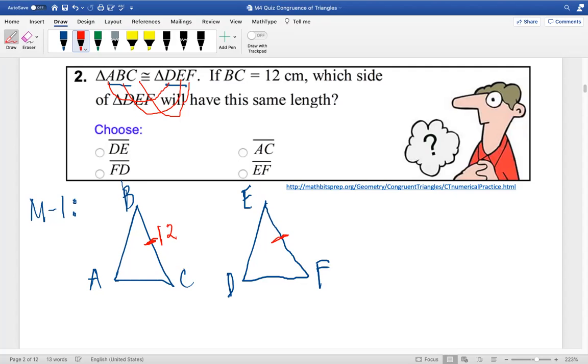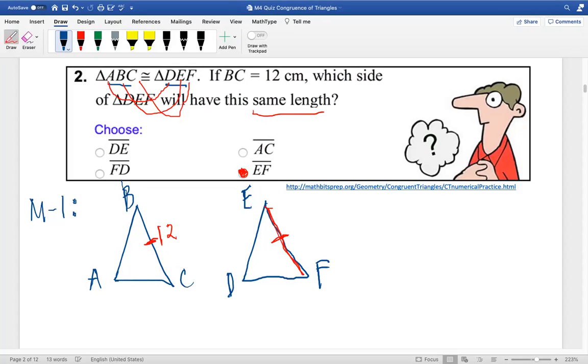Therefore, EF is also equal to 12. Since the question is which side of triangle DEF will have the same length, the answer here is EF, segment EF.